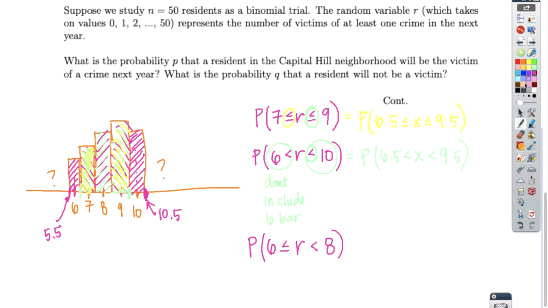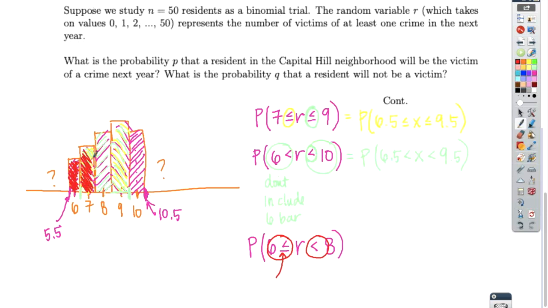All right, so let's mark this on here. I've really made quite a mess of my picture here, but I want to include the bar above 6. It says or equal to. So that's how I know it could equal the bar above 6. So this one's included. The bar above 8 is not included. So do not include this bar.